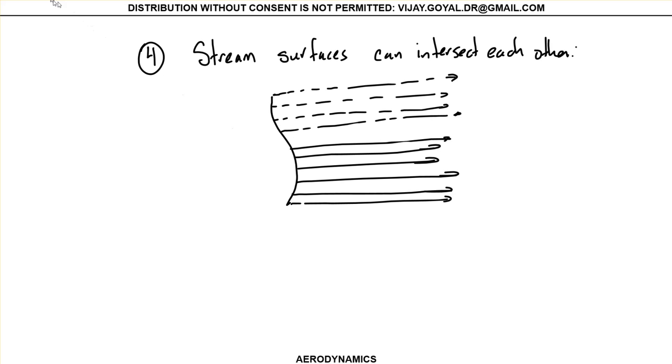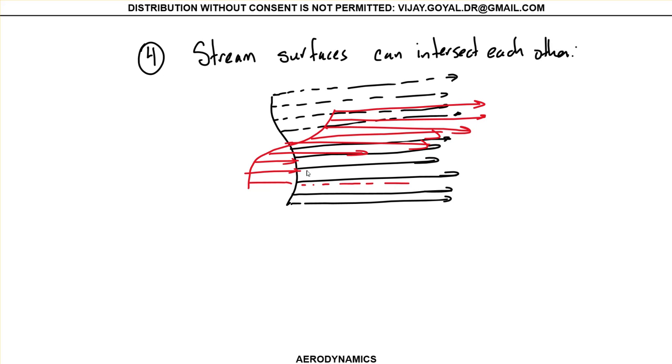So I'm going to draw this one in a different color so you can actually see the difference. This is going to have a different flow. This is going to be a different stream surface. Okay, so the surfaces can intersect each other.